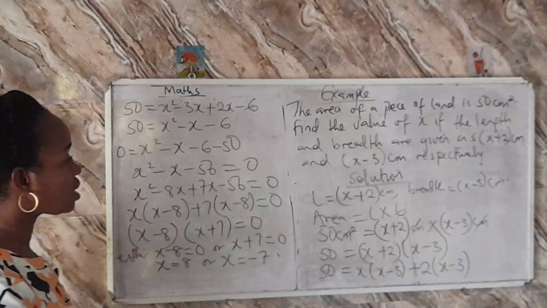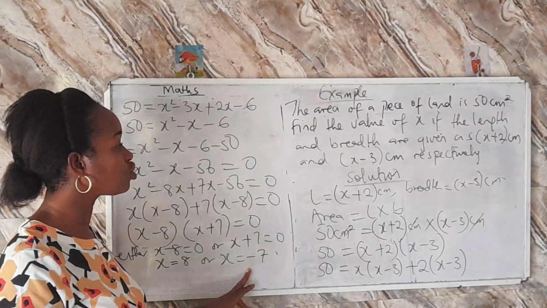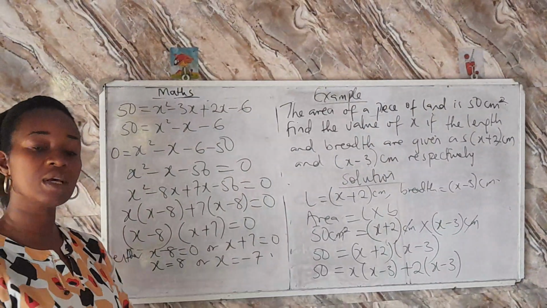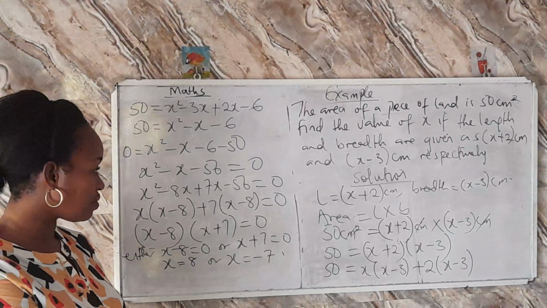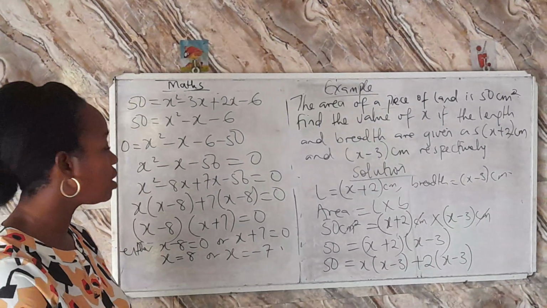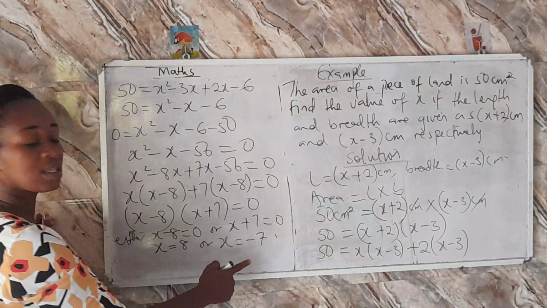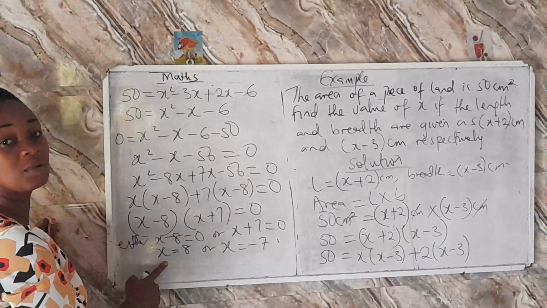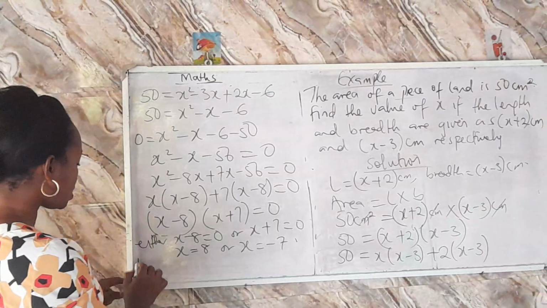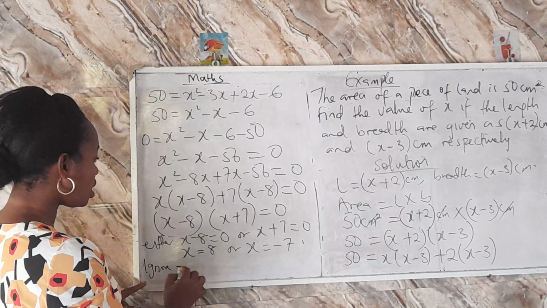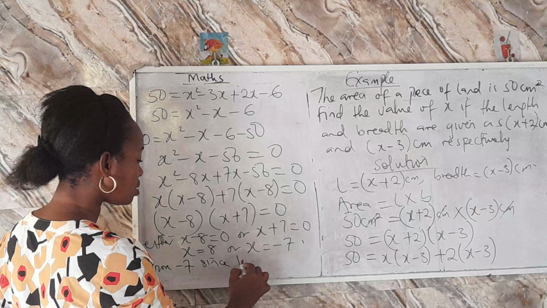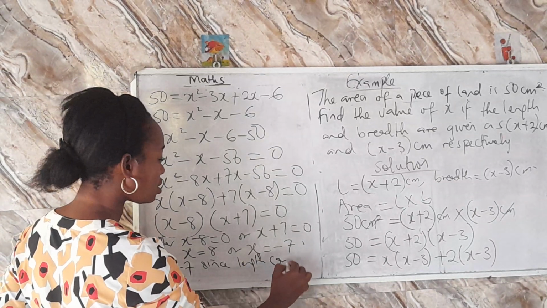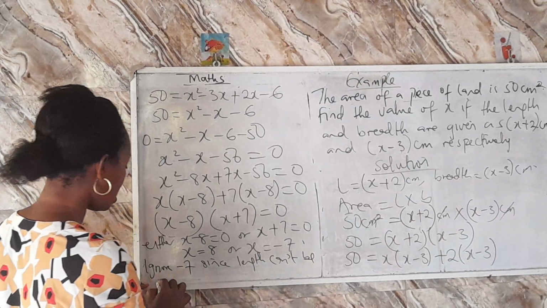Now if x is negative 7, what happens? Remember we are talking of length and breadth. So length or breadth can never be negative, right? So we ignore the negative one and take the positive value. So we say ignore negative 7 since length can't be negative.